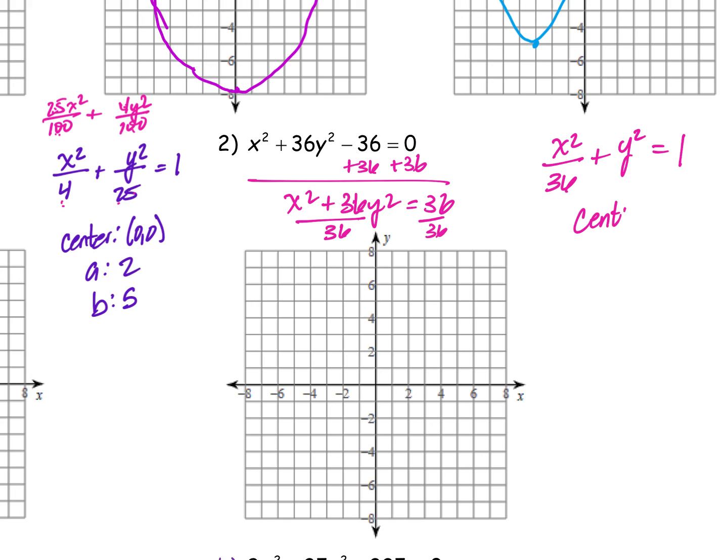So the center of my ellipse is at 0, 0. A is what? 6. And B is 1. Good. So I'm at 0, 0. I'm going out 6 both ways and up 1 both ways. There you go. Questions?